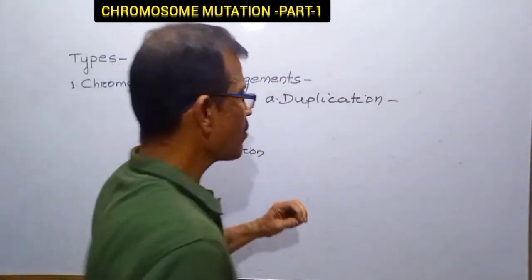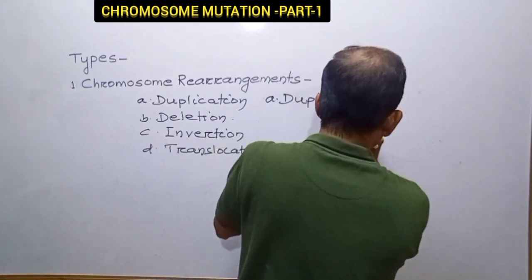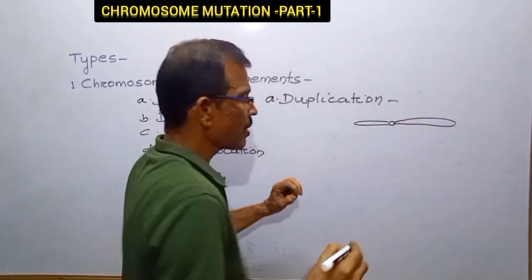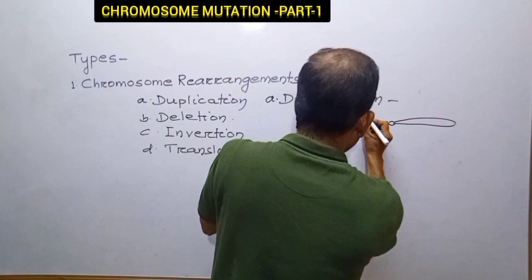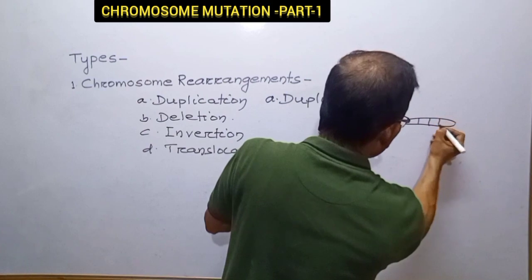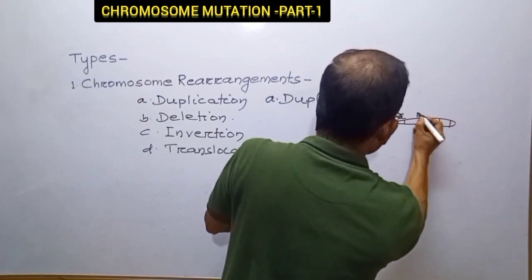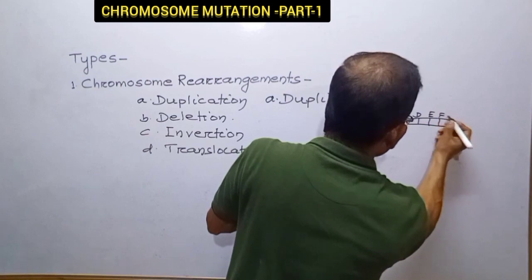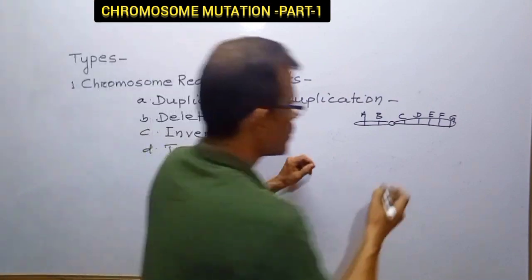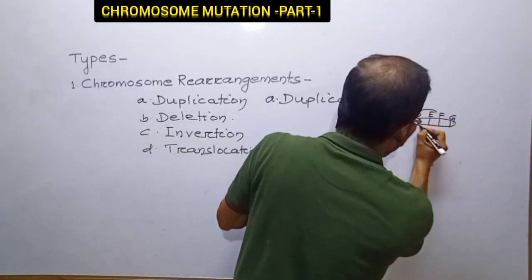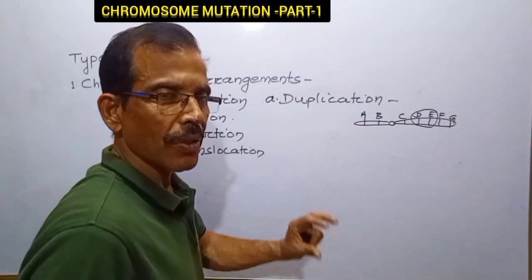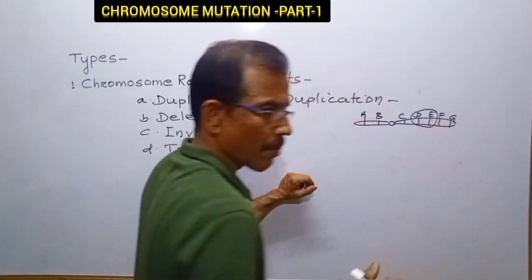Consider a chromosome having the segments A, B, C, D, E, F, G. When duplication includes the segment DE, then after duplication, the resulting chromosome will have two copies of DE segments.